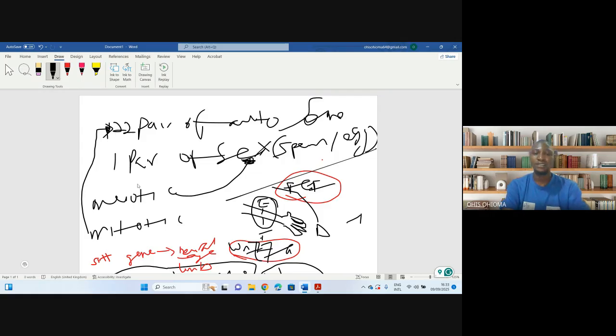So it means that sex disorders are more of meiotic disorders, not mitotic disorders. And so the disease conditions we're going to discuss today are sex chromosome disorders. Hence, the pathology is located in meiotic disorder.